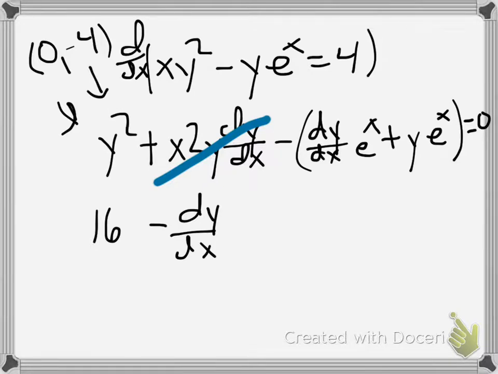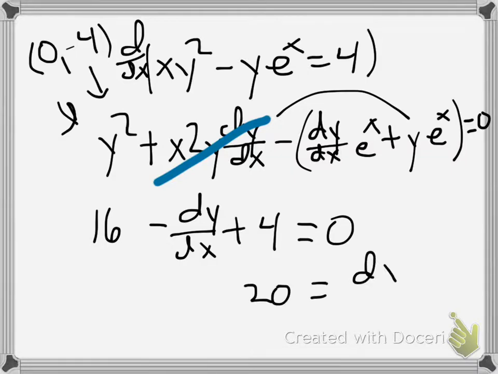And it's going to also be plus 4, because y is minus 4, when I'm thinking about this guy here, and e to the 0 is 1. So this is all going to equal 0. And if I move dy dx to the other side, the slope is 20.